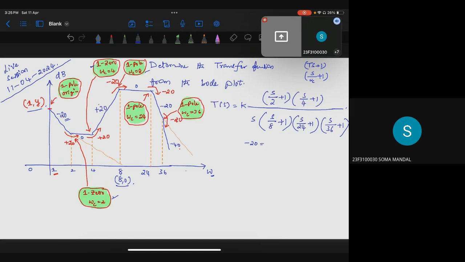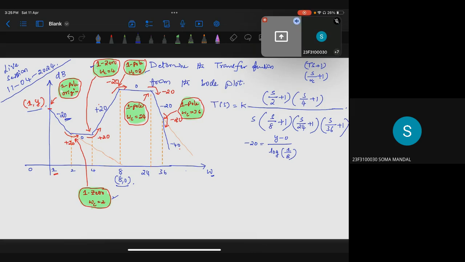That straight line has a slope of minus 20. Is that correct? So now I am writing y2 minus y1 by x2 minus x1. X2 is log 1, x1 is log 8.